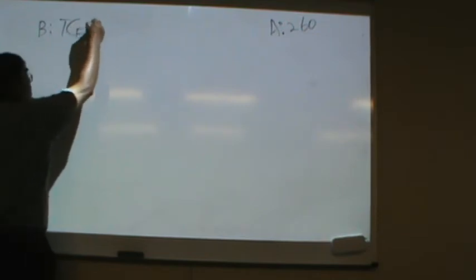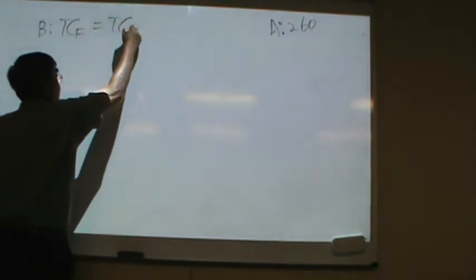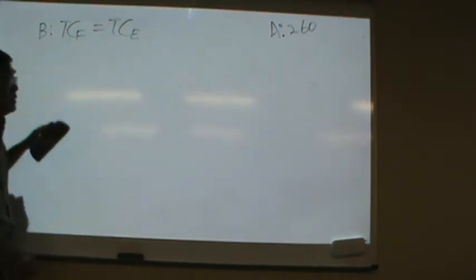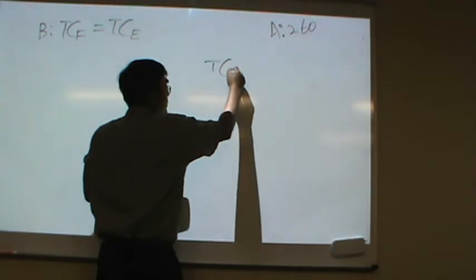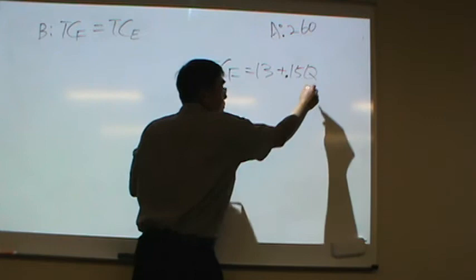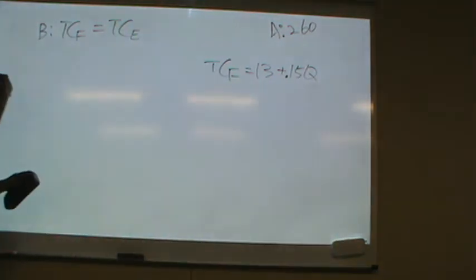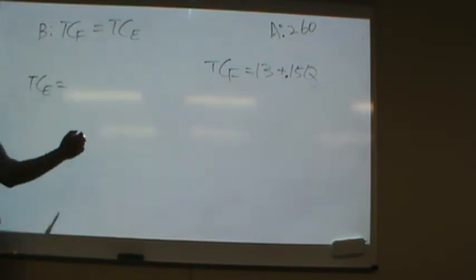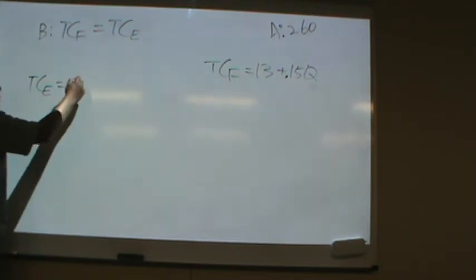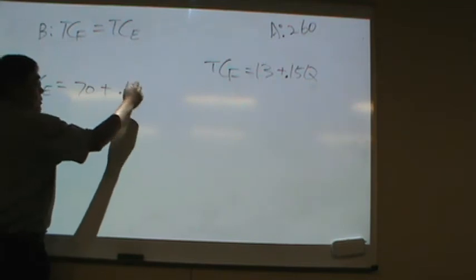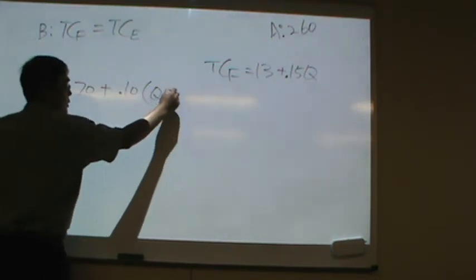On B, TCF equals TCE. Now we know TCF equals 13 plus 0.15 Q, right? We calculated, right? How about TCE? TCE equals 70 plus 0.10 Q minus 300.